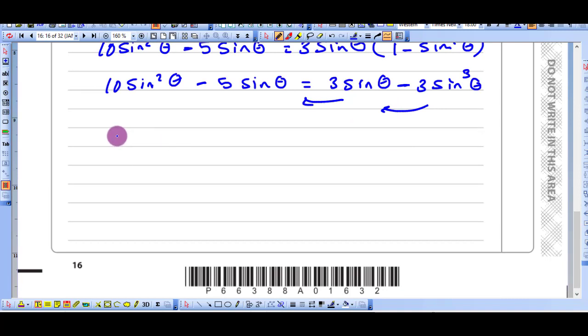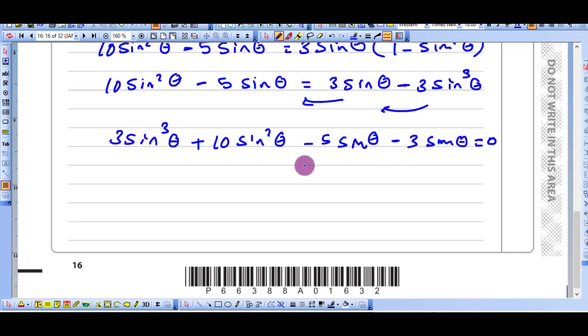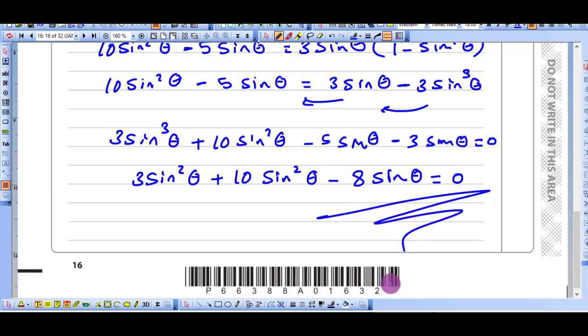So we will have 3 sine cube theta plus 10 sine squared theta minus 5 sine theta minus 3 sine theta is equal to 0. So we have 3 sine cube theta plus 10 sine squared theta minus 8 sine theta equal to 0. And this is the answer of the question.